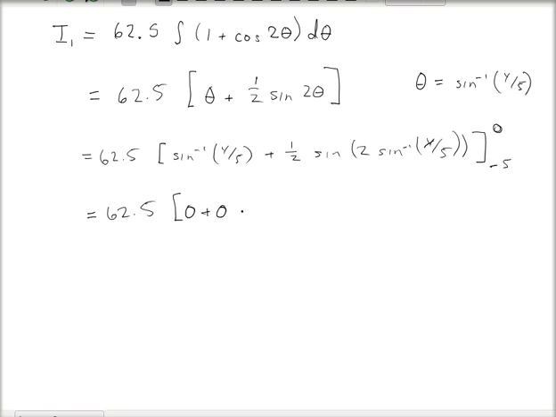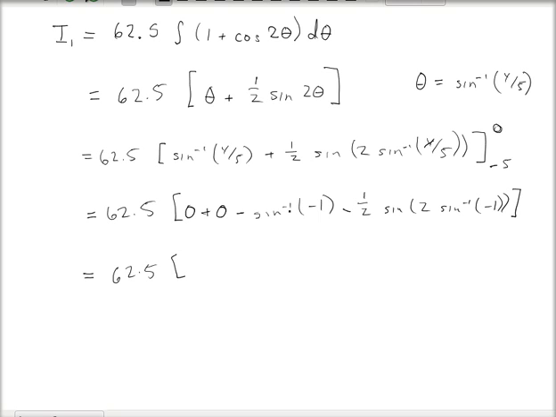So I'm going to have minus sine inverse of -5 over 5, so that's sine inverse of -1. And minus 1/2 sine of 2 times sine inverse of -1. Alright, so that's all my terms in there. So I've got 0 and 0.